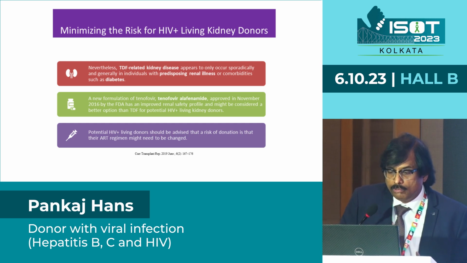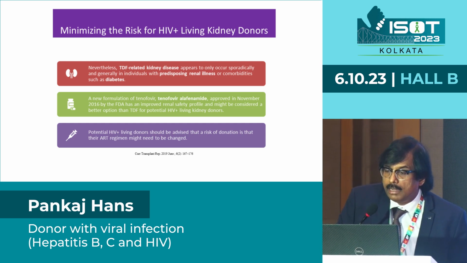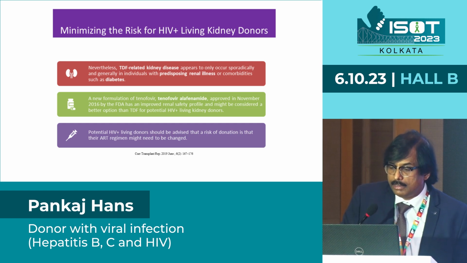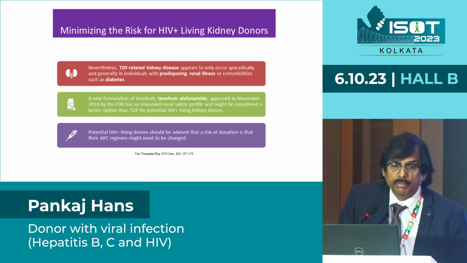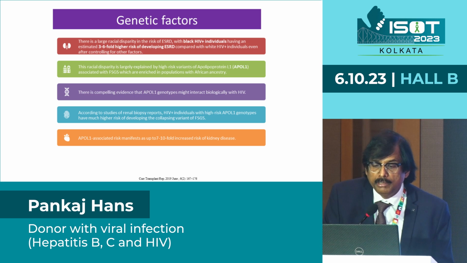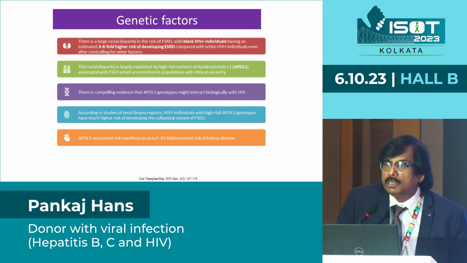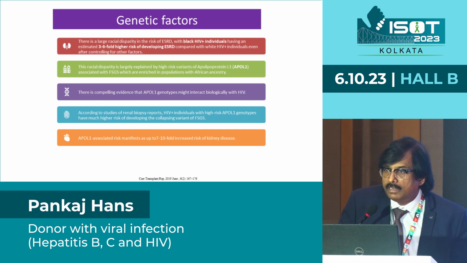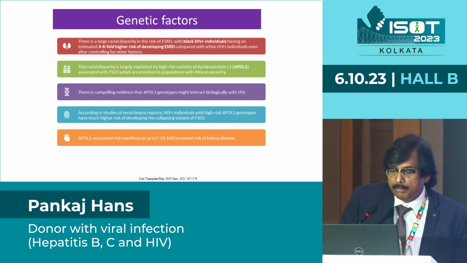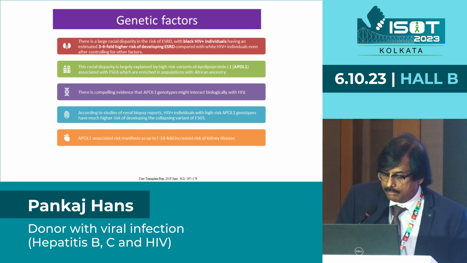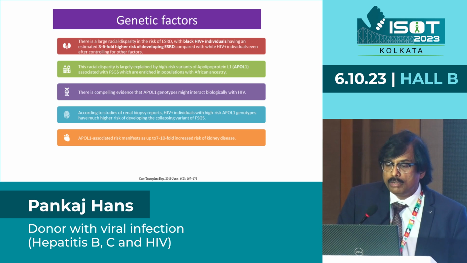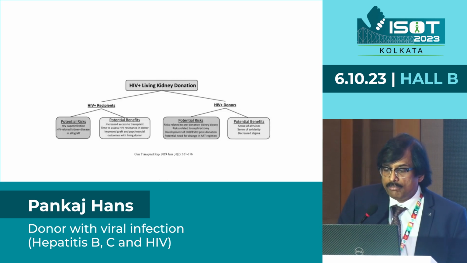The answer to tenofovir is tenofovir alafenamide, which is not nephrotoxic, and that has revolutionized the treatment. Genetic factors are equally important. APOL1 gene predisposes to the collapsing variety of FSGS that manifests as kidney failure and increases the incidence by 7 to 10 fold. These things we have already covered.